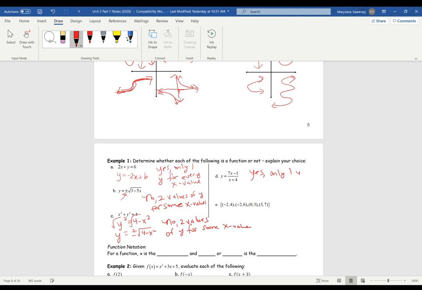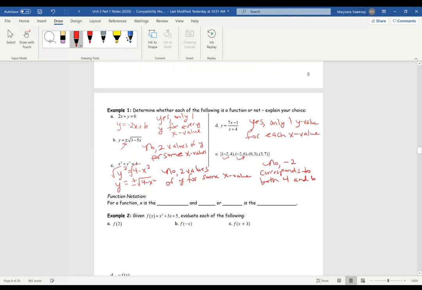Only one y value for each x value. And in this one, -2 is corresponding to 4, but it's also corresponding to 6. So no, -2 corresponds to both 4 and 6. So basically 2 different y values.